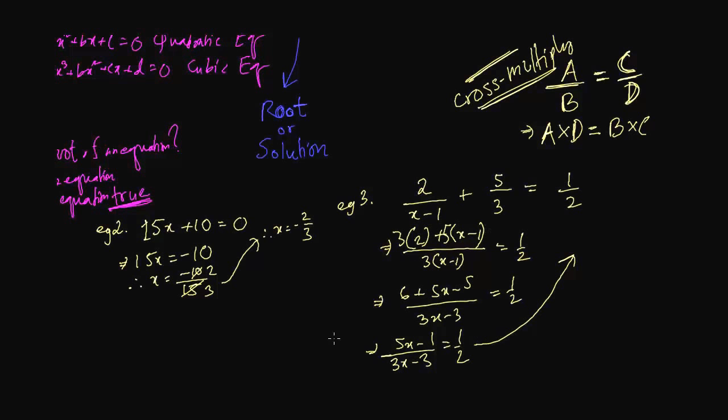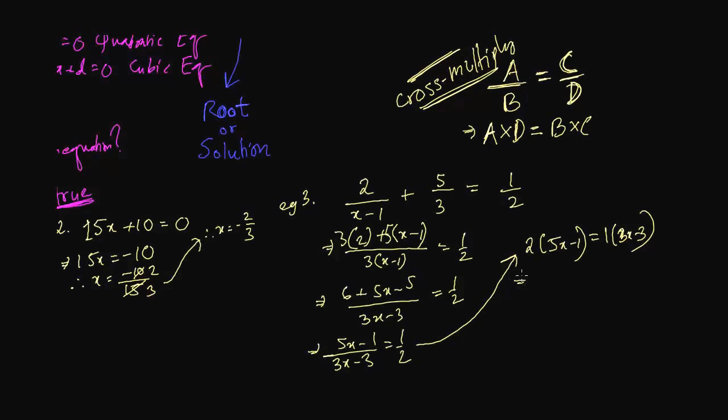So we are still in the process of forming a simple linear equation like the one we did previously. Let's cross multiply. So 2 into 5x minus 1 equals 3x minus 3 into 1, which is 1 into 3x minus 3.